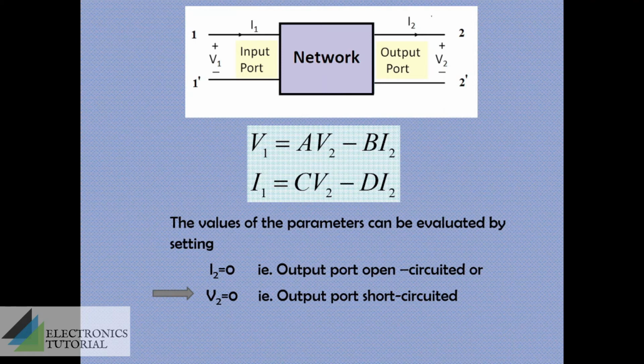With V2 is equal to 0, the first equation will change to V1 is equal to minus B I2. So we'll get the value of B as B is equal to minus V1 by I2.